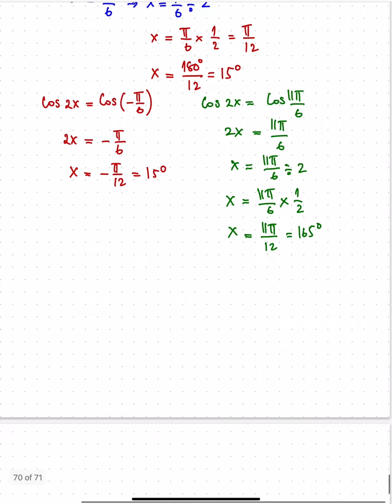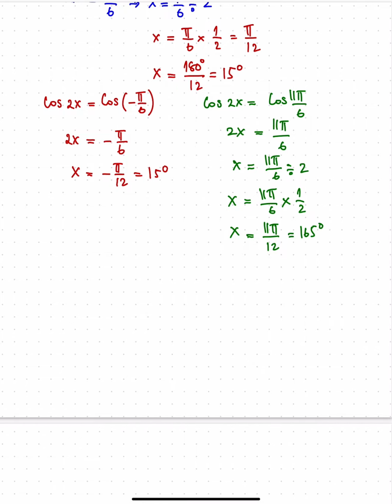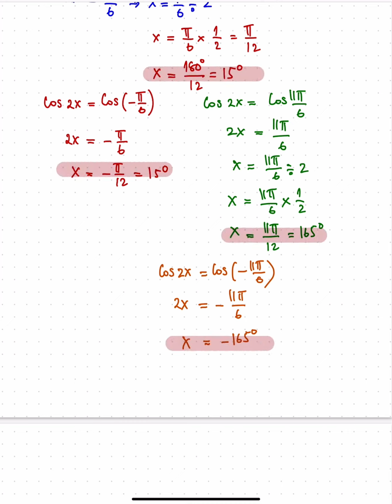For the fourth case, cosine 2x equals cosine of negative 11 pi over 6, so 2x equals negative 11 pi over 6, and x equals negative 165 degrees. So the answers are 15, negative 15, 165, and negative 165.